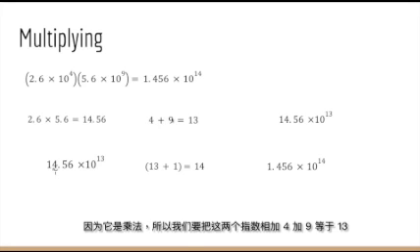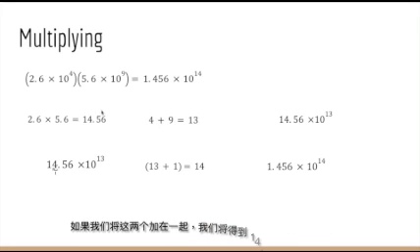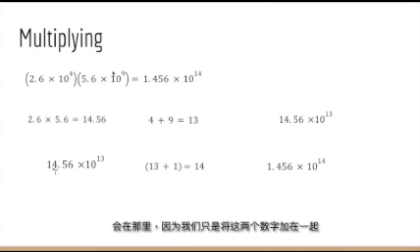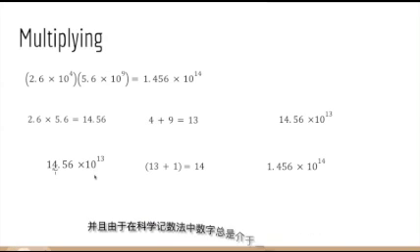4 plus 9 equals 13, and if we add these two together, we're going to get 14.56 times 10 to the power of 13. The 10 is always going to be there as we just add these two numbers together.